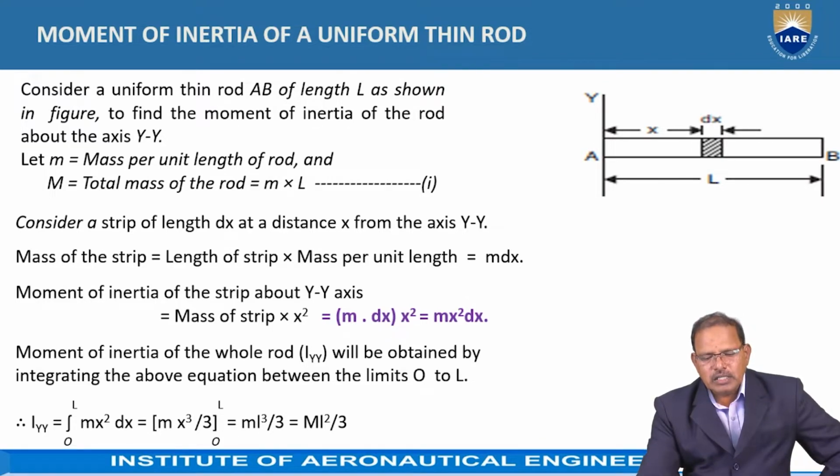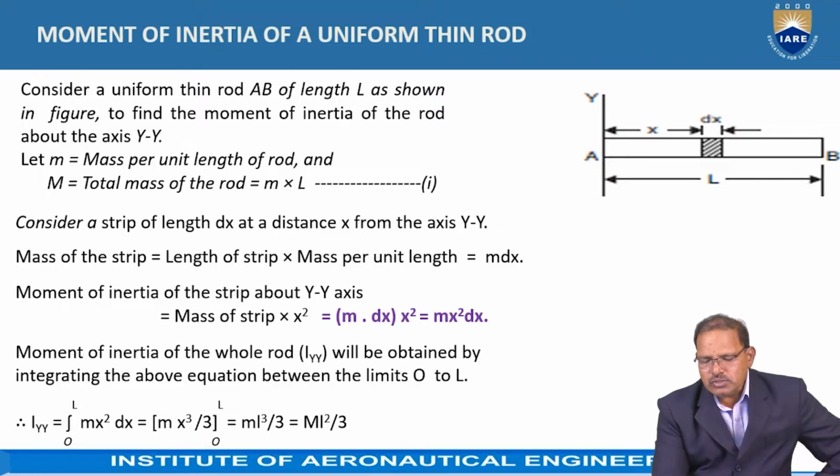The moment of inertia of a uniform rod. Now consider a uniform thin rod AB of length L as shown in figure. Now here to find the mass moment of inertia, we have to find the moment of inertia of the rod about the line YY as shown in figure.